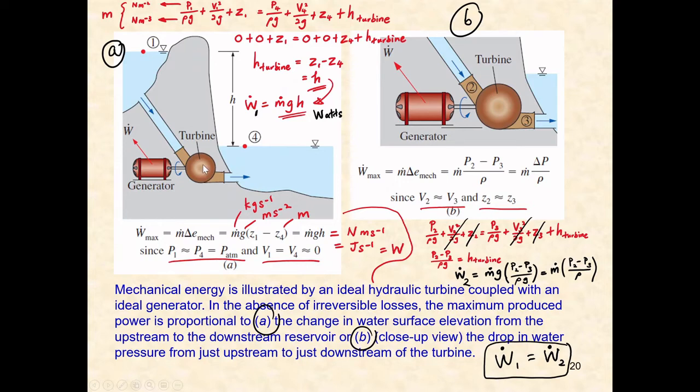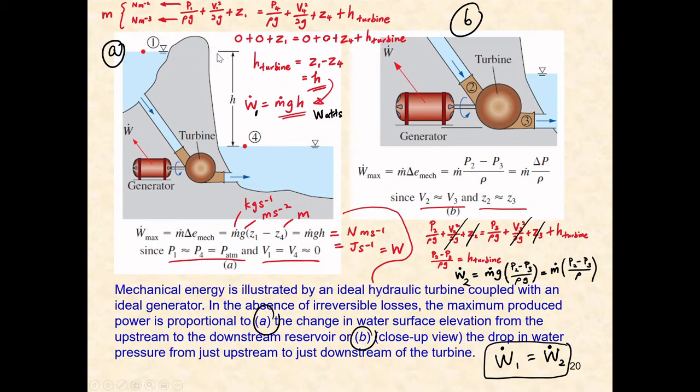So what you can see here is that some of the energy from point 1 is taken up by the turbine before it reaches point 4. It's obvious that some energy from here is converted into the turbine, and some remains as energy at point 4. So we have the point 1 energy, with some portion contributing to the turbine and some portion contributing to point 4.